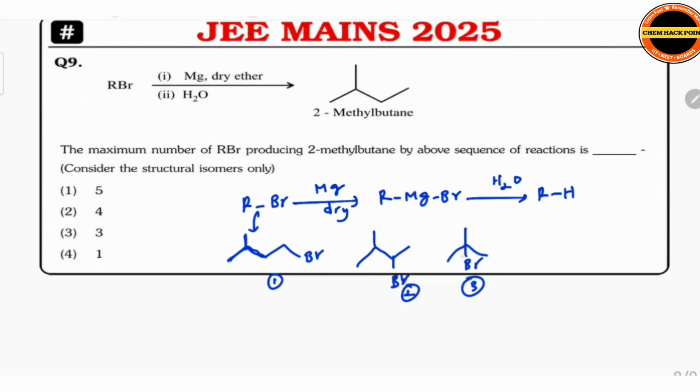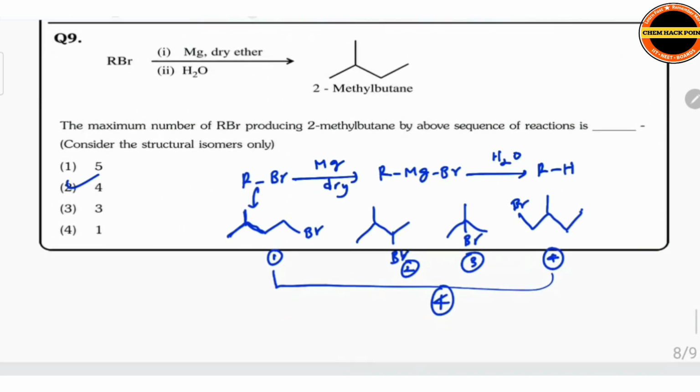Third, overall 4 carbons we need to see here. 4 carbons should be from the reactant side because of 5 carbons. And next, another possibility, see 1, 2, 3, 4, 5. Here there is Br. We are placing the different structural isomers. Overall here 4 structural isomers are possible, 4 possible to give the product. The answer is 4 here. Okay, structural isomers you have to frame.